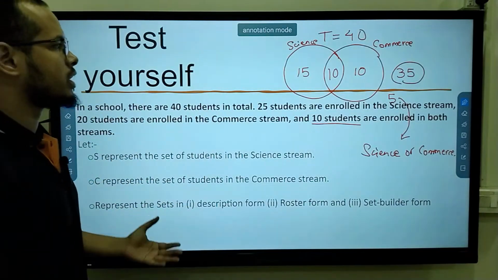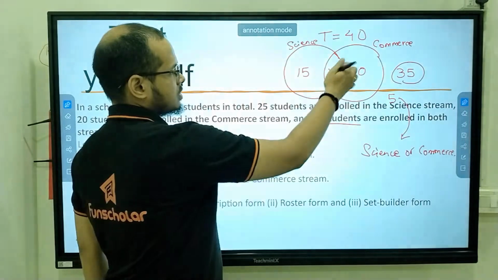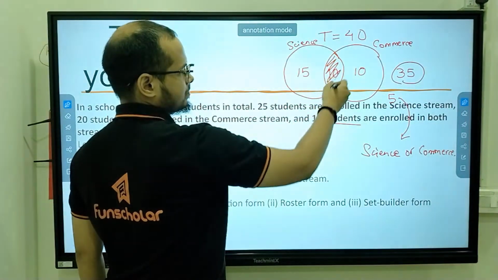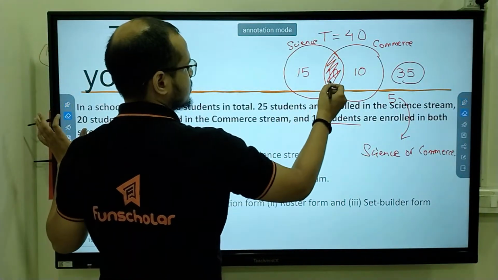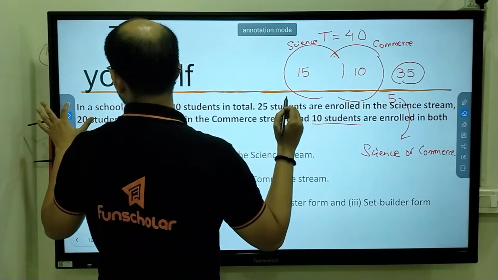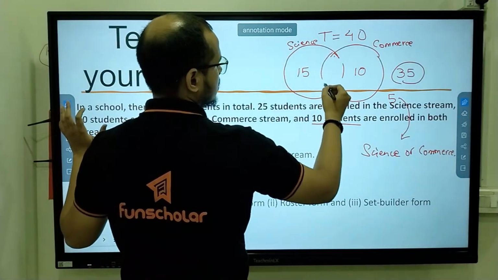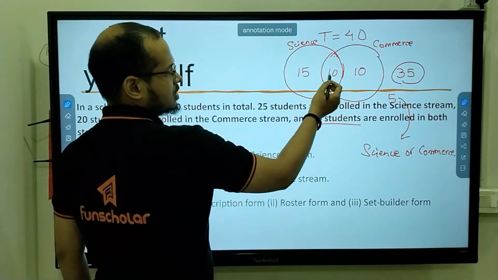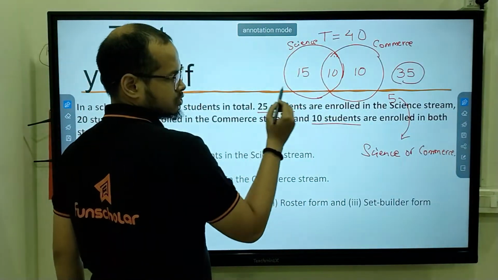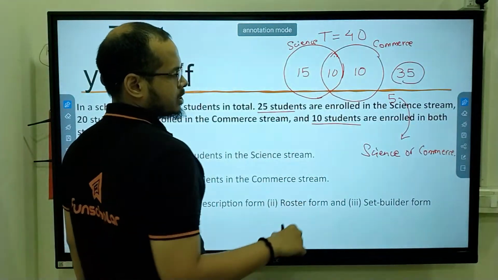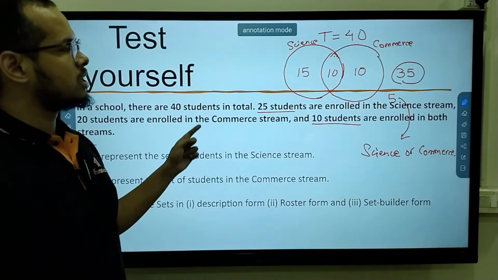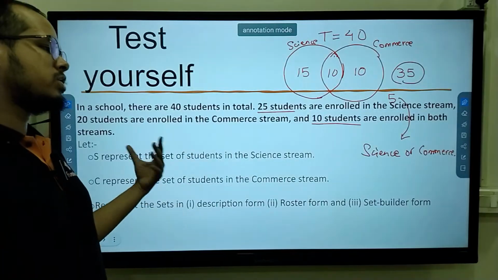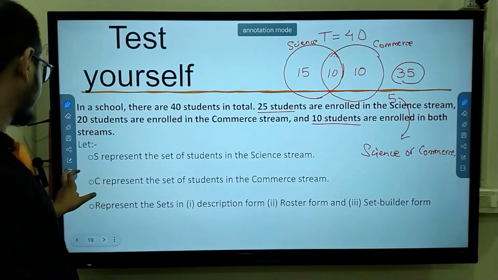Let me explain it to you again. 10 students do both. So 10 plus 15, 25: 25 students are enrolled in science. 10 plus 10, 20: 20 are enrolled in commerce. And 5 students are not enrolled in science, nor in commerce.